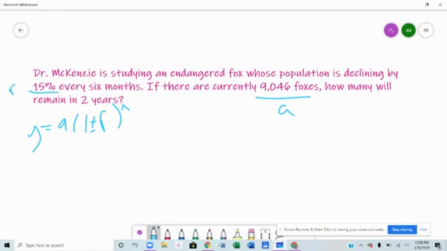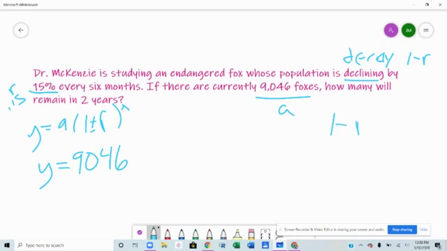There's your rate, but as a decimal is 0.15. So that is a declining, that is a decay, which is 1 minus the rate. So your equation is going to say y equals, your start is 9,046. We need to take 1 minus your rate.